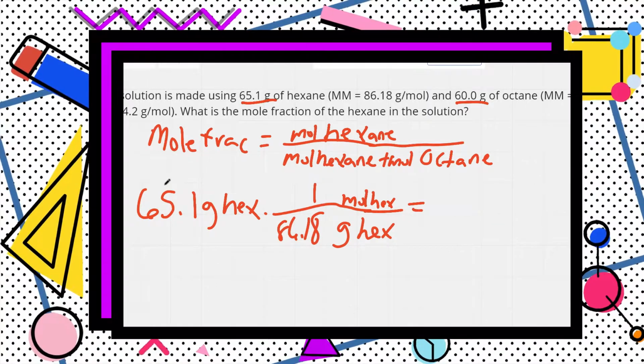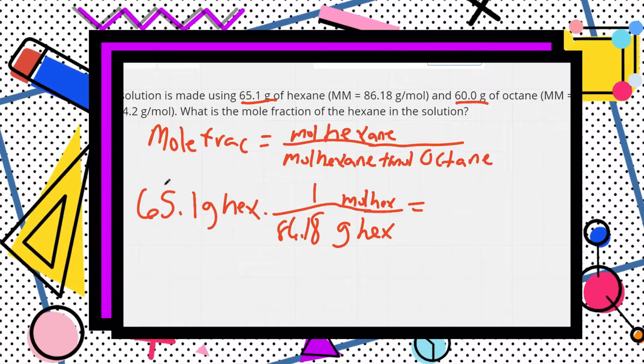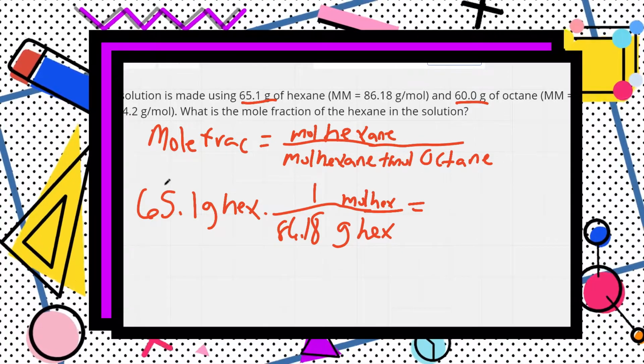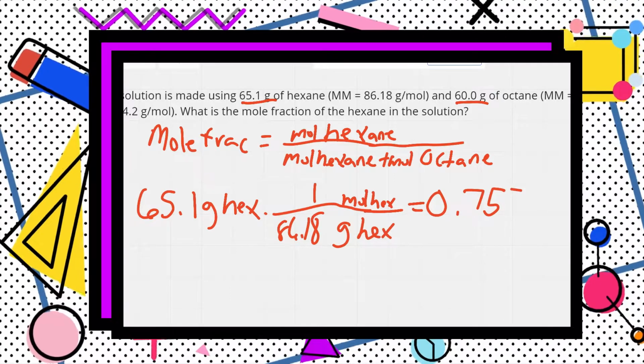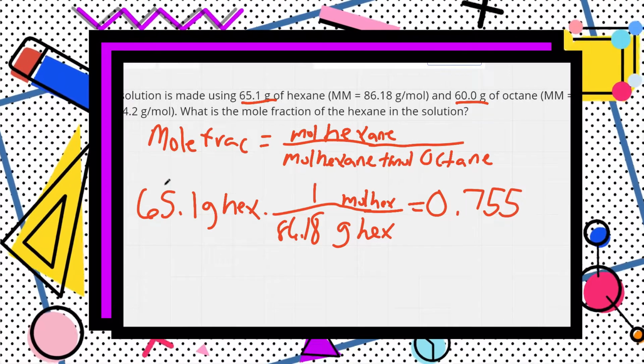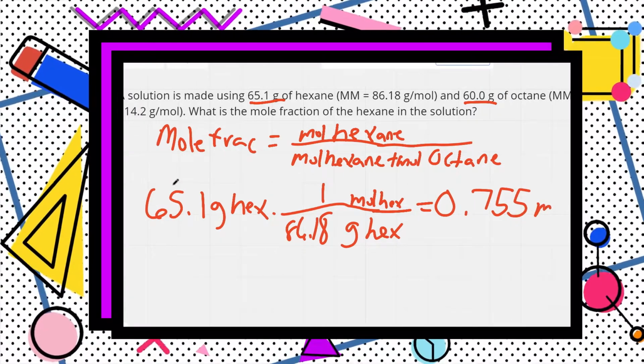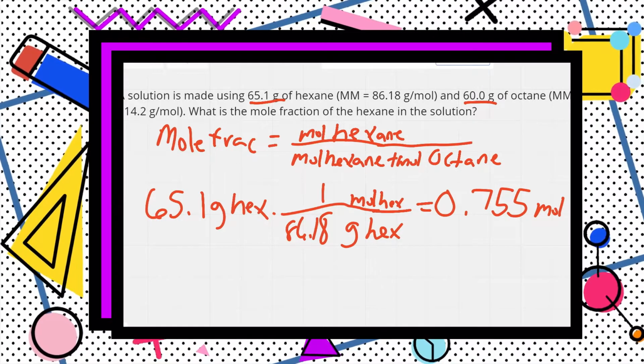So when we divide 65.1 grams by 86.18 grams, 65 divided by 86 is going to give me 0.755. And this is in moles. So remember, this is moles of hexane.